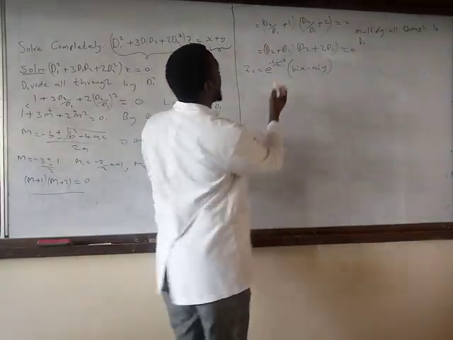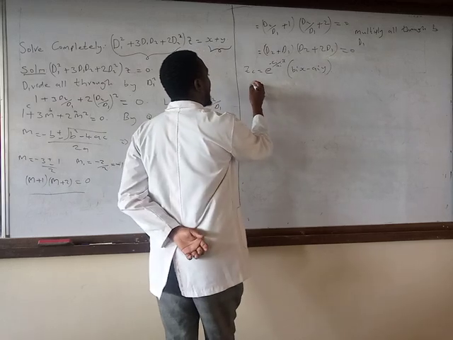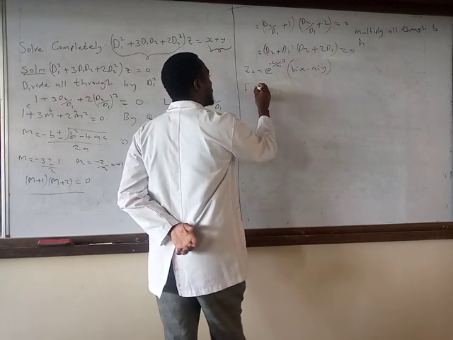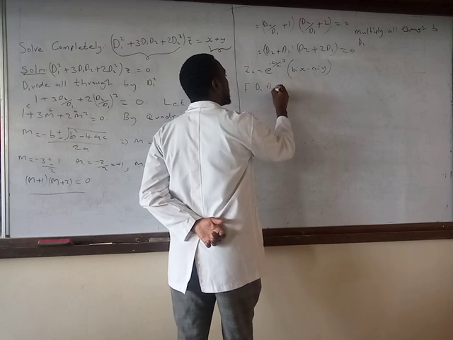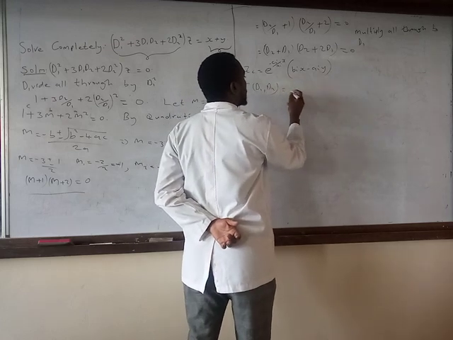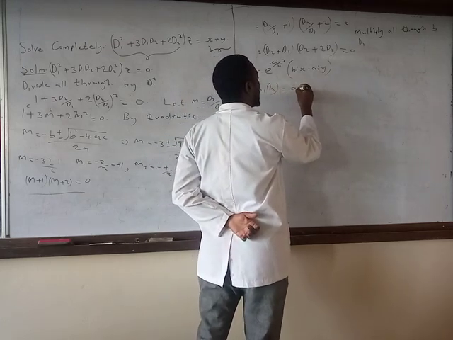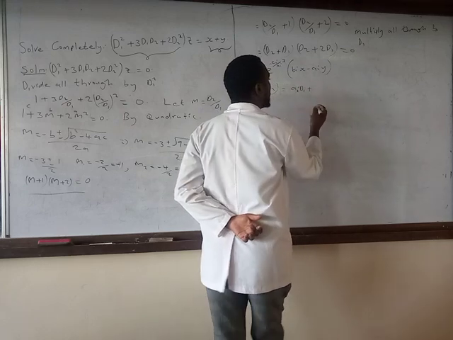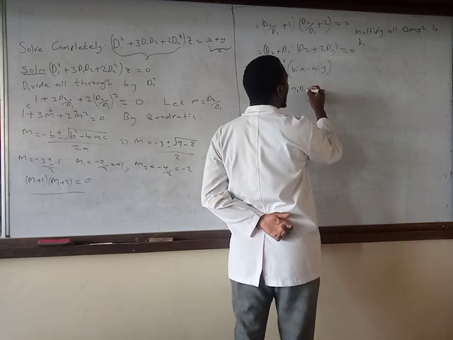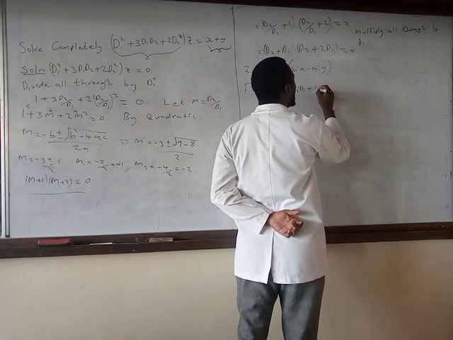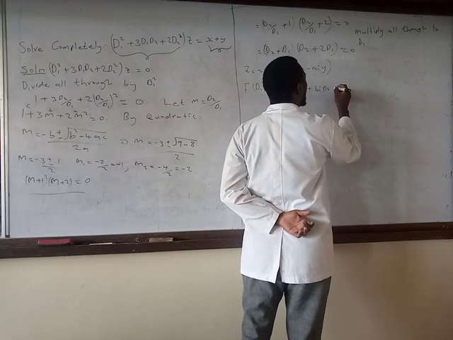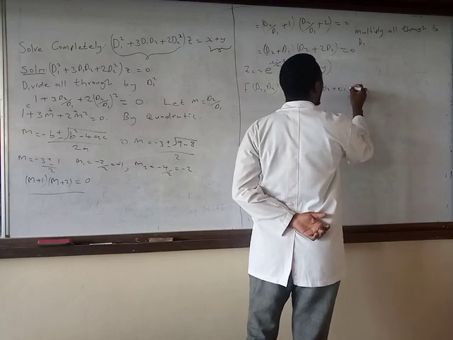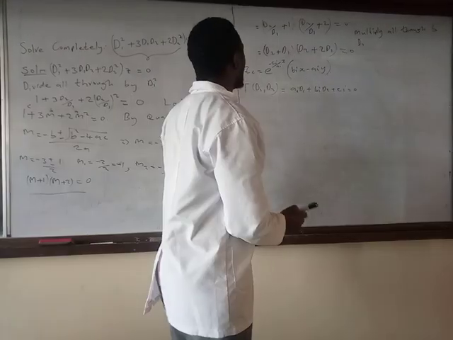Now from this one, we know that f of D1 D2 should give us ai D1 plus bi D2 plus ci equals 0.